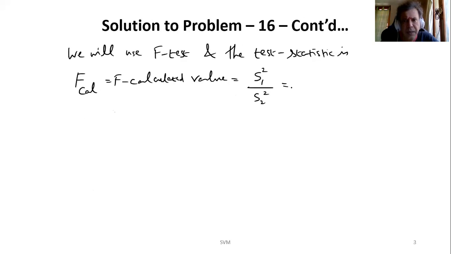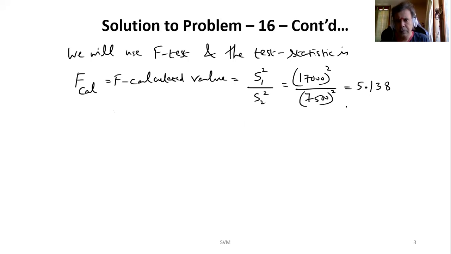S1 is known to be 17,000, S2 is known to be 7,500. This will work out to 17,000 divided by 7,500, and then square that, you get 5.138. That is the calculated value.